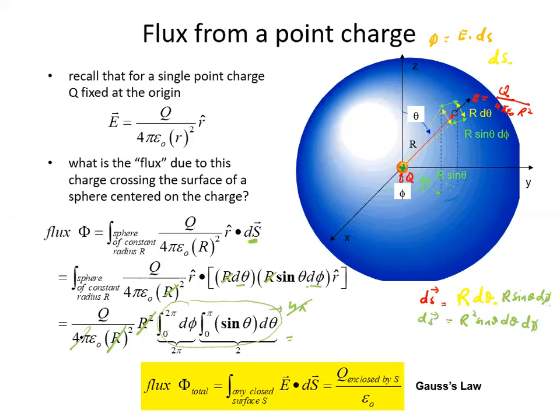Okay, so what is left is q over epsilon naught, so our flux, the integral of E dot ds, equals q by epsilon naught.